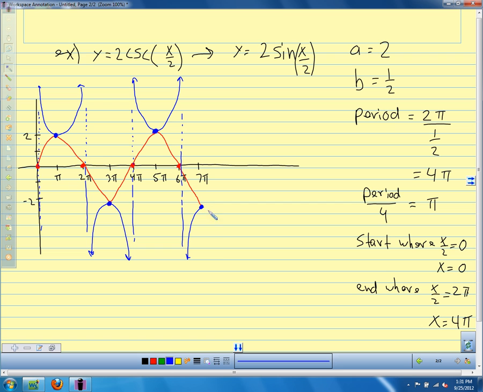And if I continued. So there's my cosecant function. And my parent function is in red. So I graphed the parent function, found the asymptotes, and found the maximums and minimums, and sketched my graph between the asymptotes.